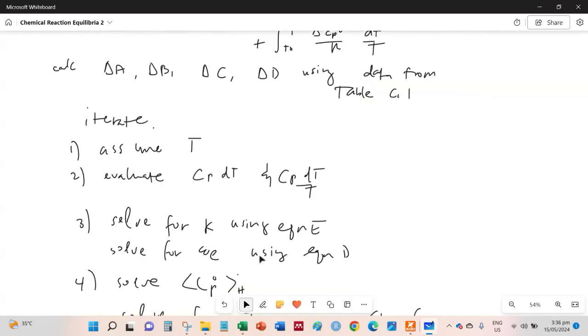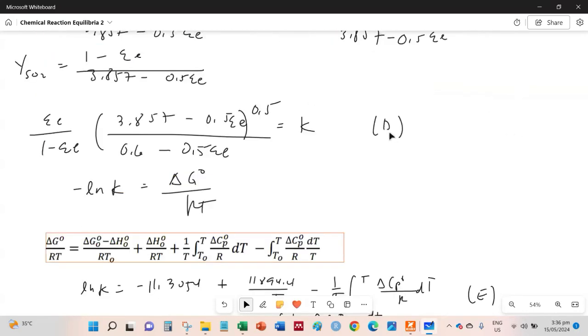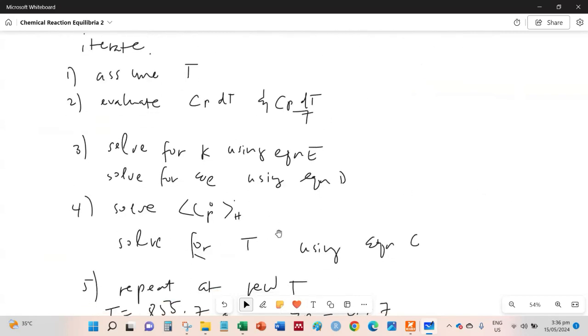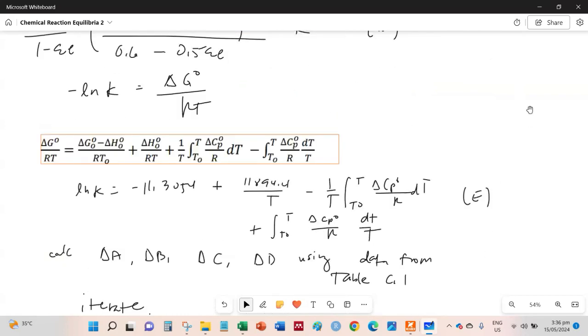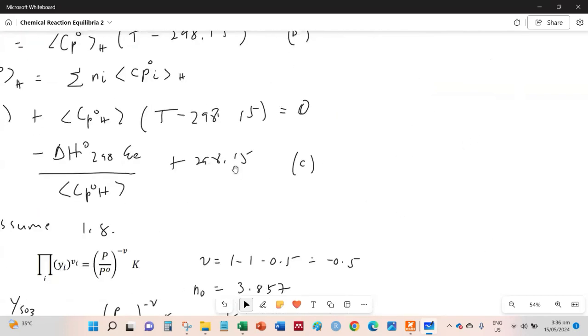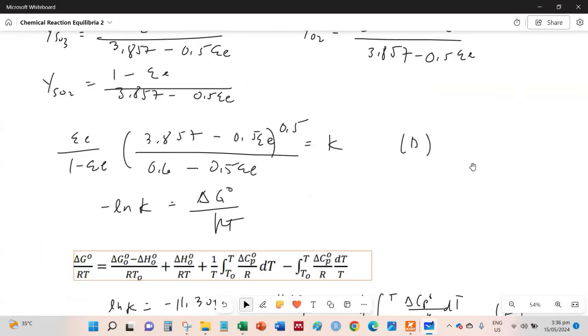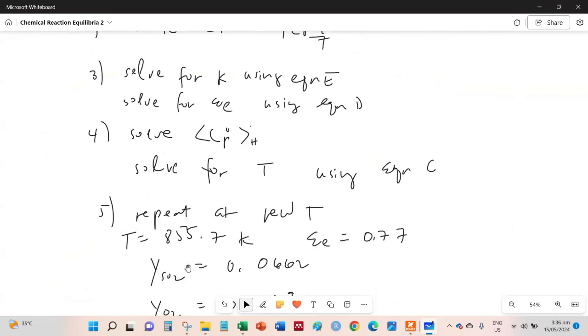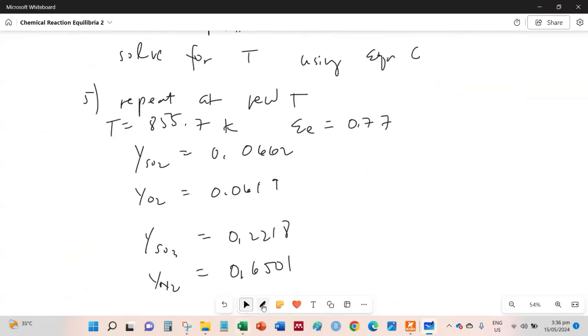And then solve for epsilon using equation D. So this is equation D. And then solve for CPH using equation C. And equation C is this one. Then repeat.